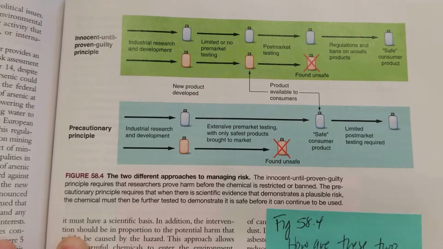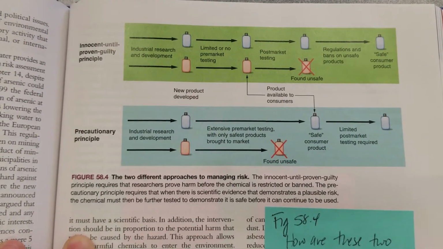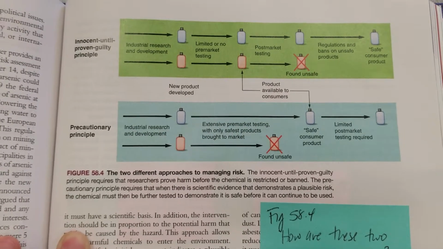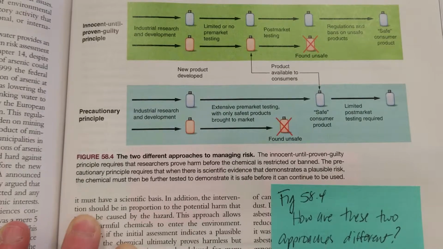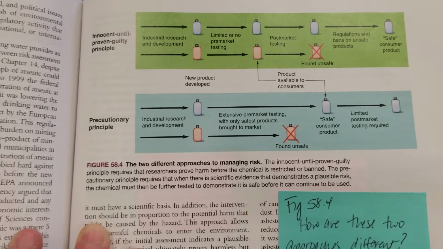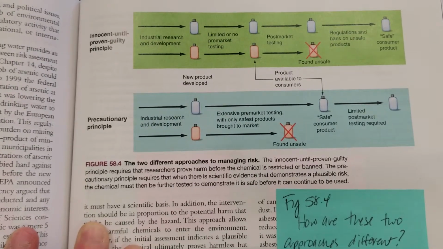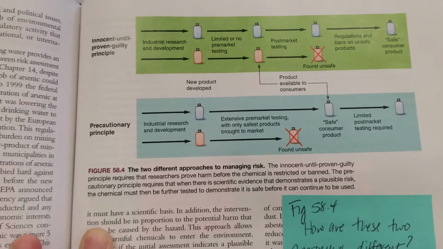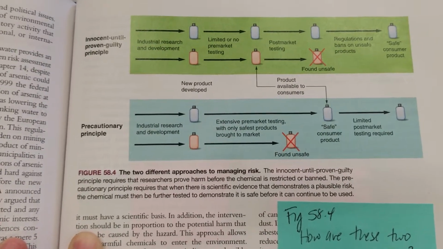Whereas a lot of other developed countries, Europe, for example, use the precautionary principle, where the company that's using this needs to show us that it's safe to use, rather than, well, we'll just try it and see what goes, and oops, we'll just have to pay you out if something happens. So that's the difference there.